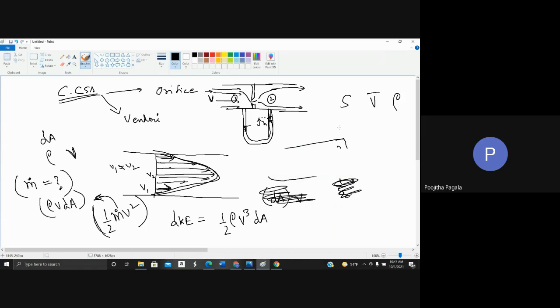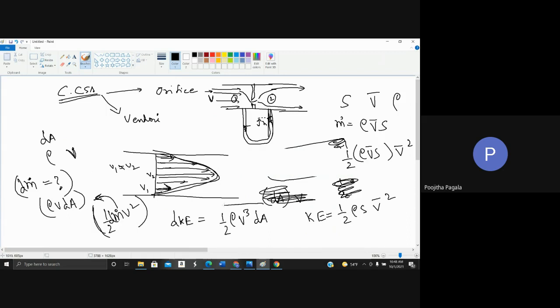So mass flow rate is going to be rho V bar into S. So now the kinetic energy is going to be half rho V bar S into V bar square, which is going to be half rho S V bar cube. This is your kinetic energy.